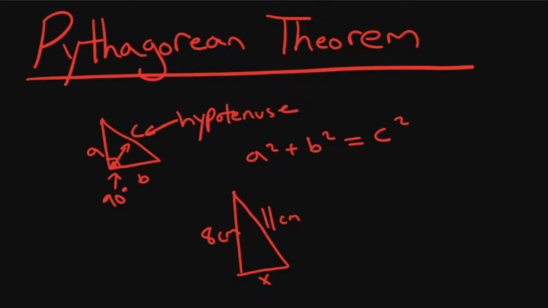So now we could just plug in our Pythagorean theorem here, we have the hypotenuse. Sorry, not area. Right now we want x squared.